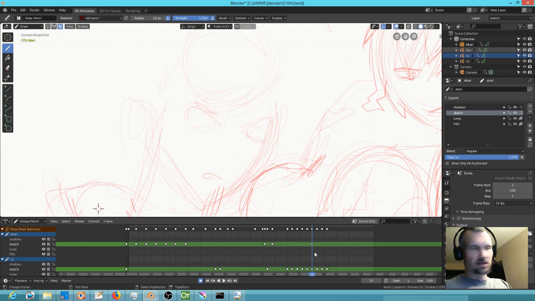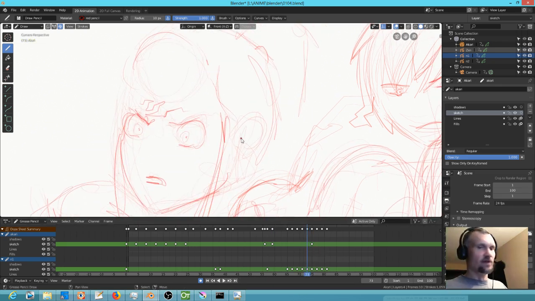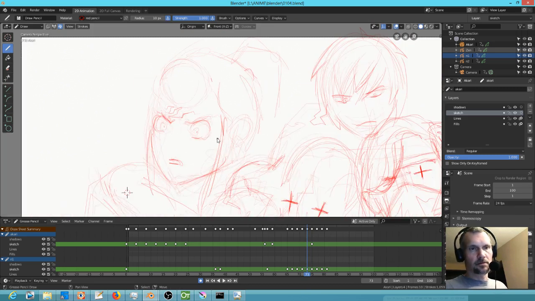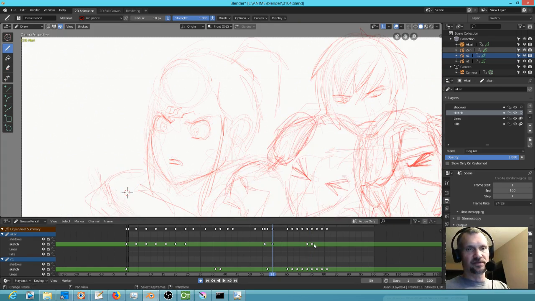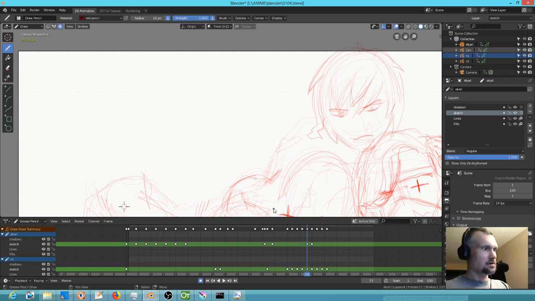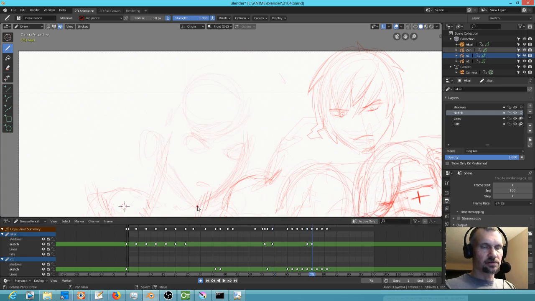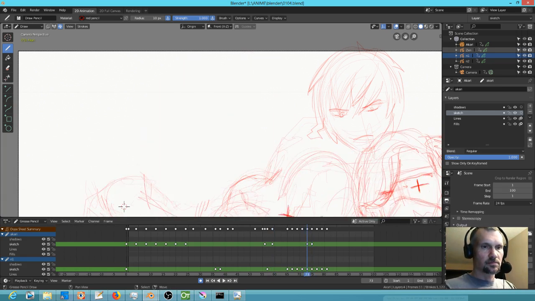So now what I do want to do is give myself a keyframe. Okay, so now there's a keyframe. Let's see if anything disappeared from the previous frame. No. Okay, so that's good. So now what I'm going to do is take this out, and we're going to say, okay, point of her chin.